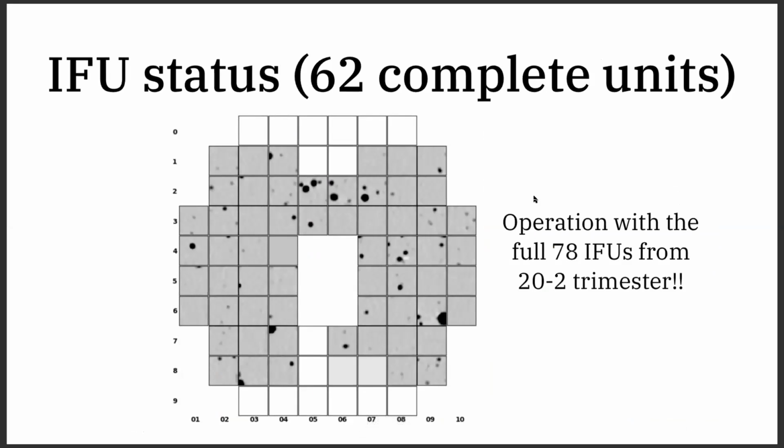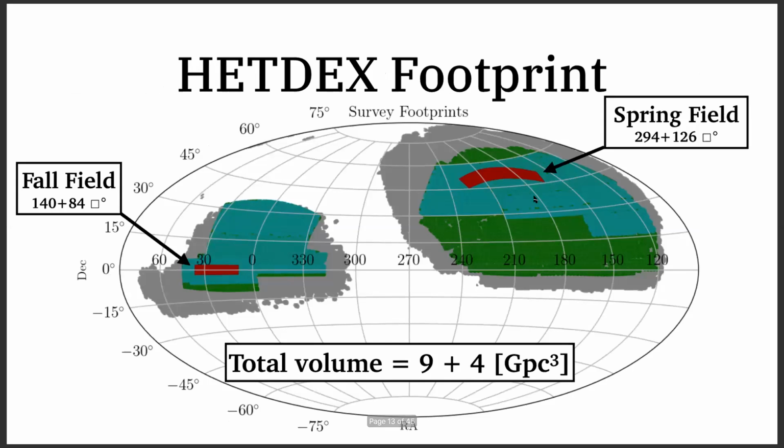So that is one of the images that we combine from different frequencies, and get this image that's working with 62 units. By the end of the 21 trimester, we expect to fill all of this 478 IFU plane, then we'll start with a full mode from 22. That's the status. And that's the footprint.